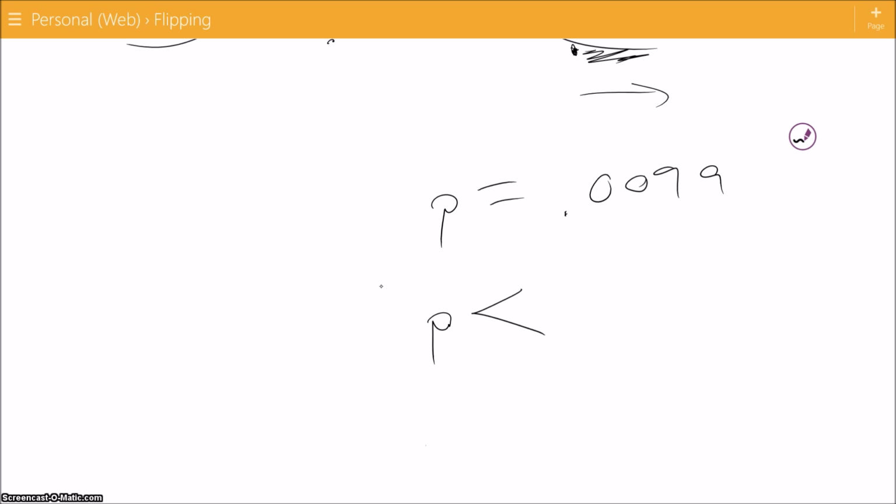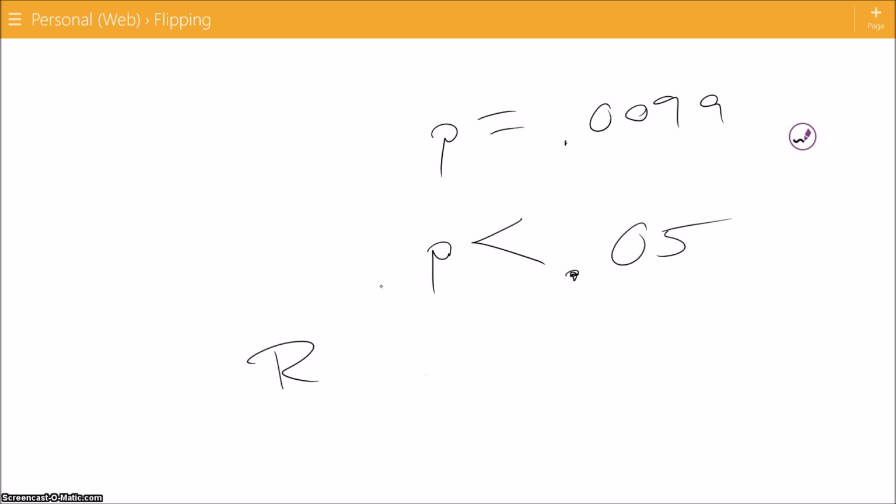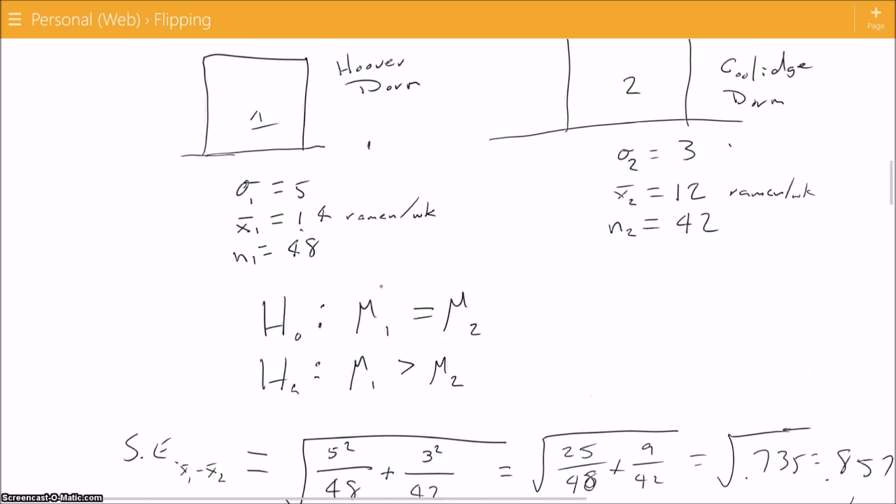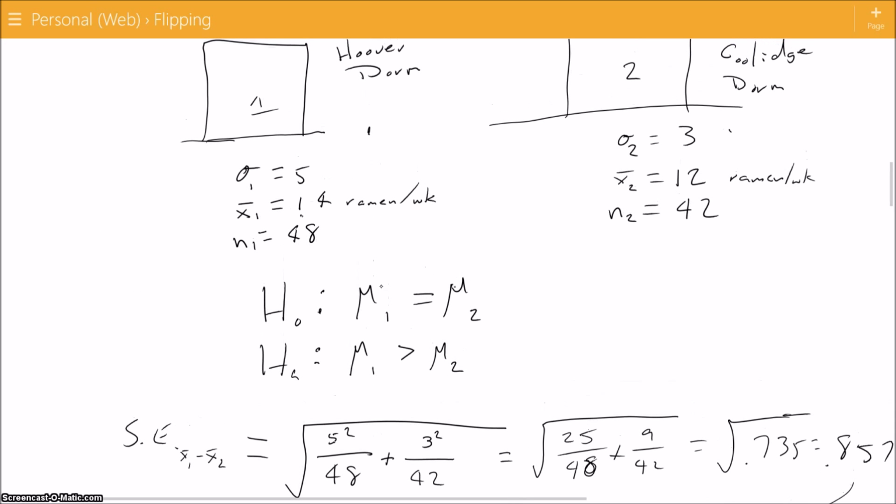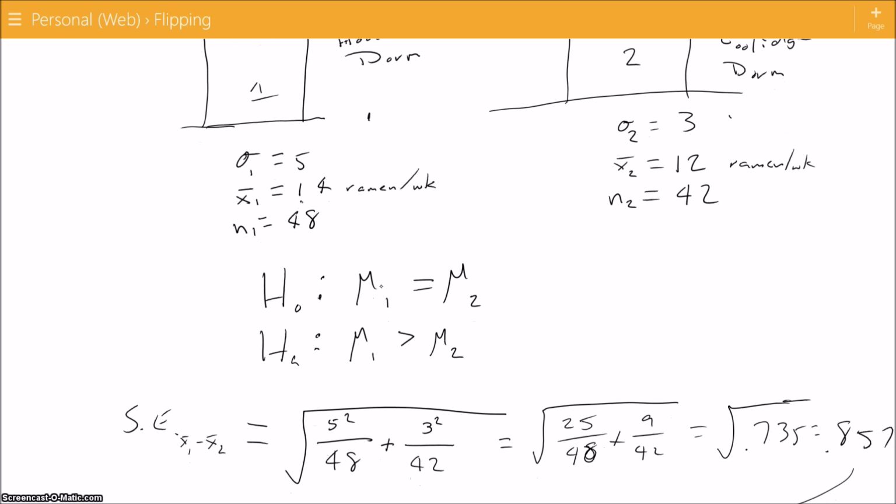P in this case is less than 0.05, so we reject our null hypothesis, which we said was that the mean consumption of ramen in both dorms is equal, and we will go in favor of our alternative hypothesis, which is that mu 1, which is the mean of the Hoover dorm, is greater than our Coolidge dorm, which seems to indicate that the students in Hoover are having just a little bit more ramen.